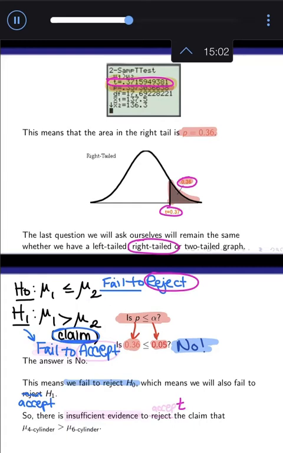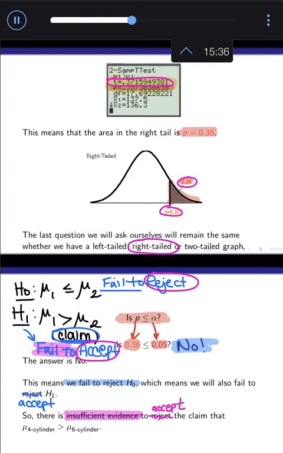So what does this mean? Well, remember, if I'm failing to do something, it means there wasn't enough evidence for me to actually do anything. So failing to means that there was insufficient evidence to, again, there was a typo on this one, to accept the claim, because my claim is the alternative hypothesis.